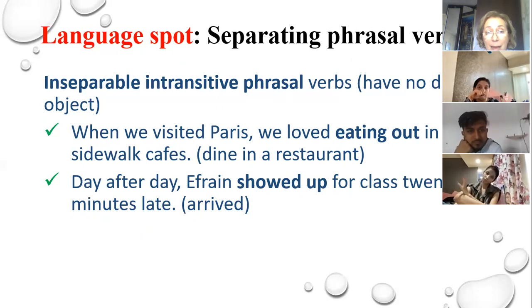Eat out means dine in a restaurant, so we do not separate them. And day after day, Ryan showed up for class 20 minutes late, which means arrived in the classroom. So show up is also an inseparable phrasal verb, which cannot be separated.